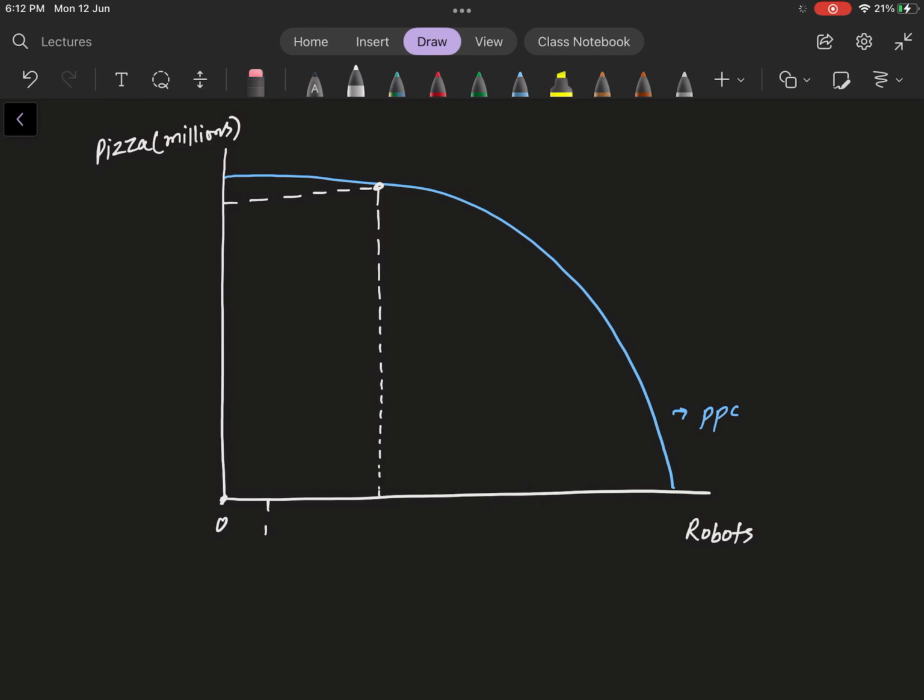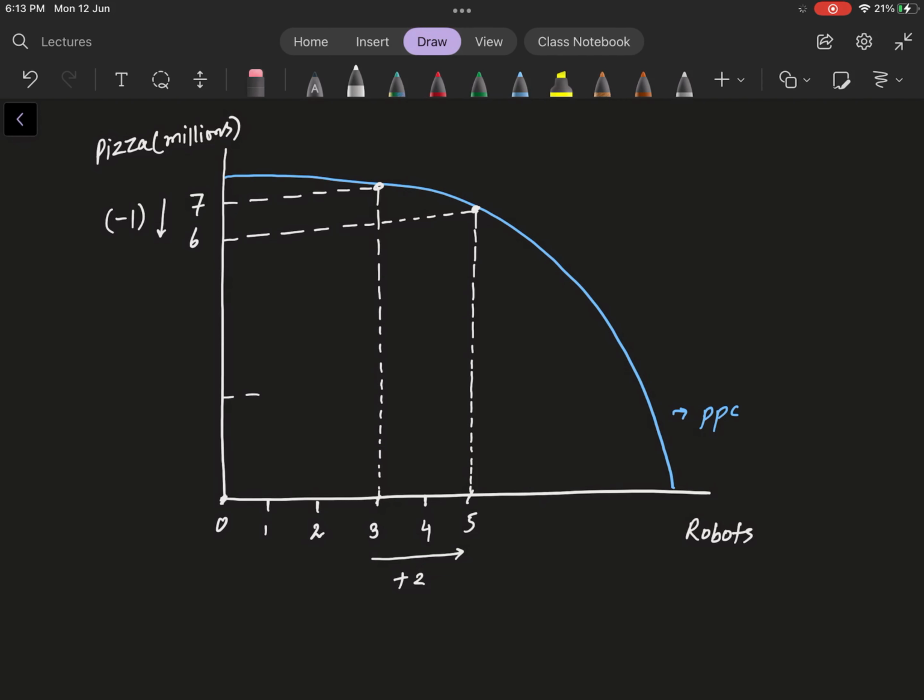So when we are producing 7 million pizzas, we are producing only 3 robots. But when we increase our production from 3 robots to 5 robots, we have to give up 1 million pizzas. So when we are adding 2 robots, we are giving up 1 million pizzas. So the opportunity cost of producing 2 additional robots is 1 million pizzas.